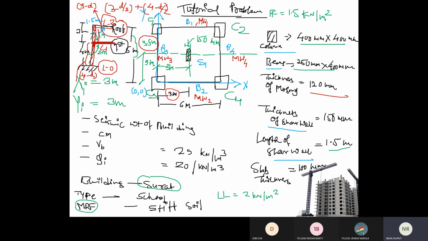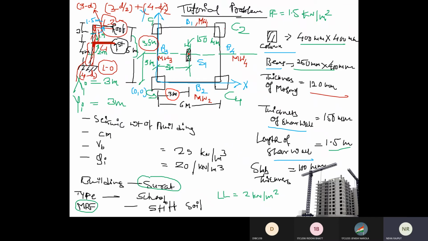Because all column dimensions are same, right? All columns are placed at all four corners. Your shear wall is placed at the center. Walls are placed in a symmetrical manner. So there won't be any inequality in the stiffness in any direction. So your center of stiffness will be at the center of this geometry only.